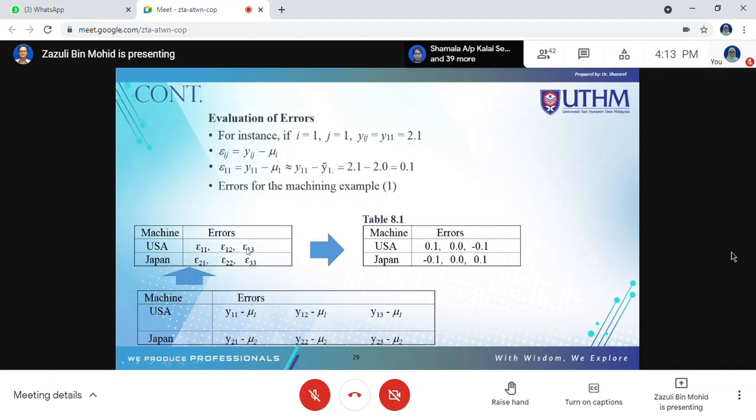So the formula here, E11, epsilon 11, is equal to y11 minus mu1. Epsilon 12 is equal to y12 minus mu1. Okay, and so on, the rest using the same concept.